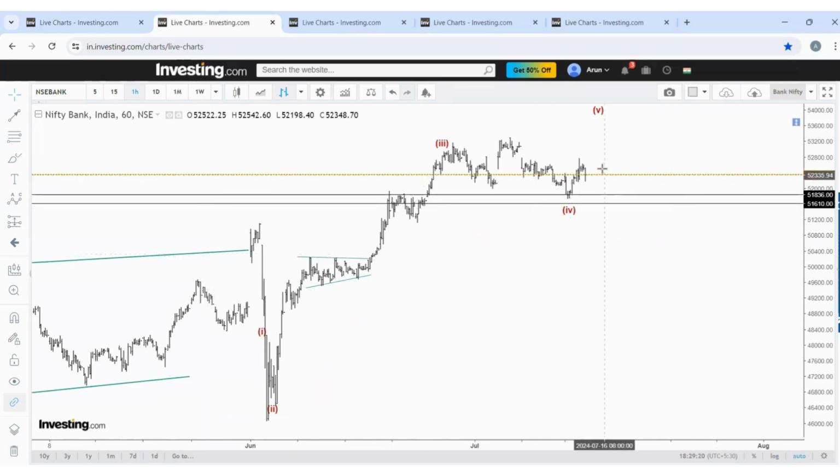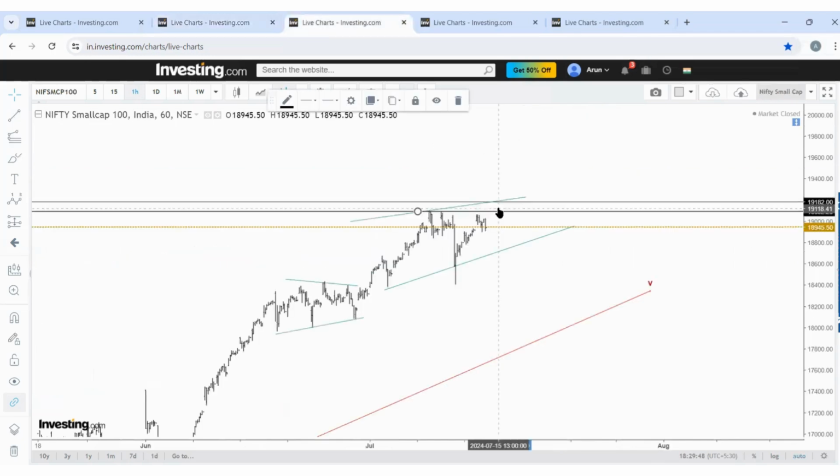So for that, will Bank Nifty make a new high or not? For that, we have discussed some levels. 53,000 should be crossed and all-time highs should be crossed with an impulse wave structure. But 53,000 rejects the Bank Nifty with the ABC. The intermarket divergence is in play, and the 3 has been completed here in extended wave 5, and it is ABC. This Bank Nifty approach is applicable for broader markets also.